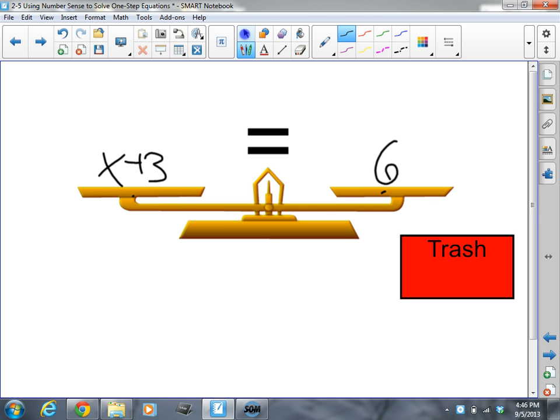Well, all you have to do is say, oh, if x were 3, so if x were equal to 3, so 3 plus 3, that equals 6, and then they will both be equal. So if x equals 3, it'd be 6. So that would be the answer right there.